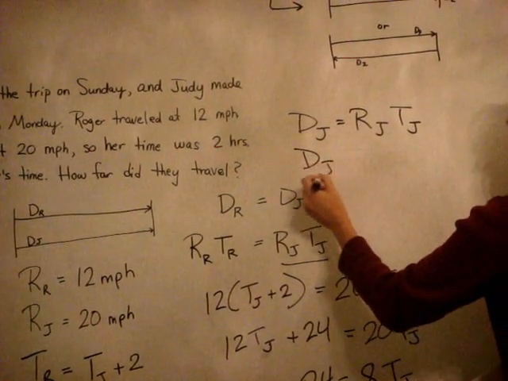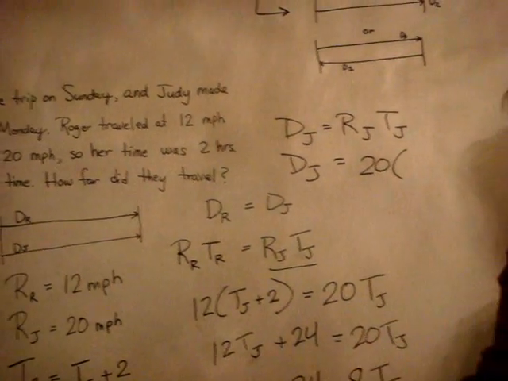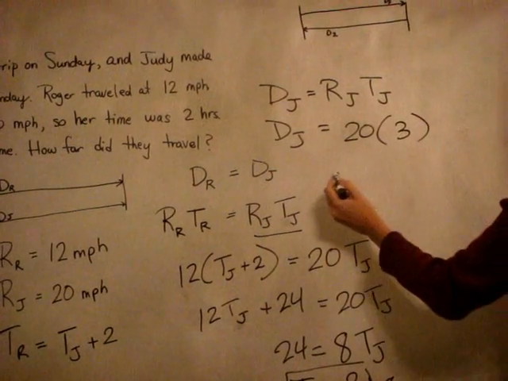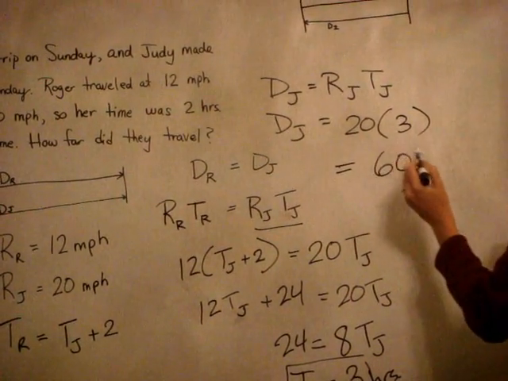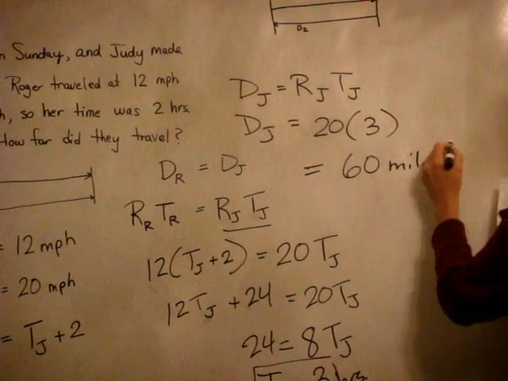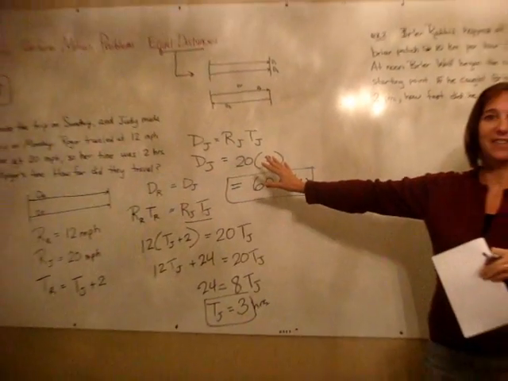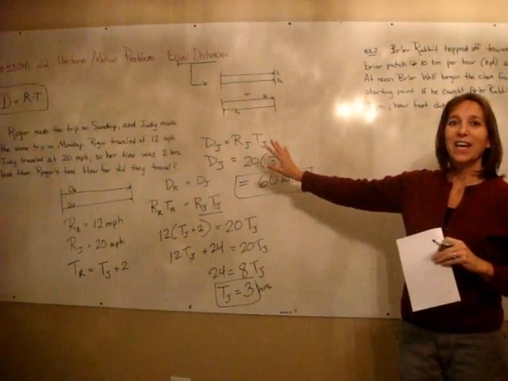Judy's rate is 20, Judy's time is 3, so she traveled 60. Is it in miles? 60 miles is your final answer. So hopefully that made a little bit of sense to you. So let's look at example 2.